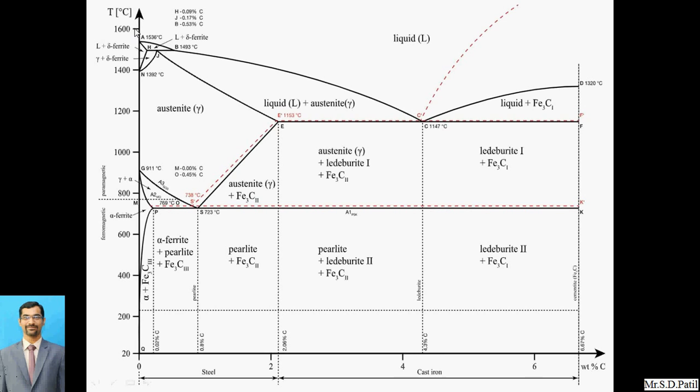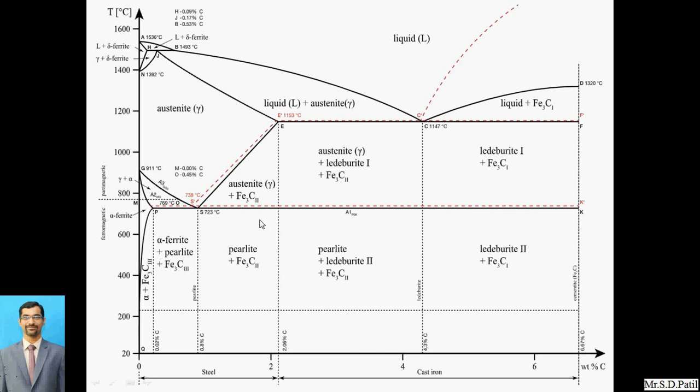For the Fe-Fe3C diagram, the maximum temperature, the melting temperature, will be 1536 or up to 1539 degrees Celsius. So we set the last point at 1600.